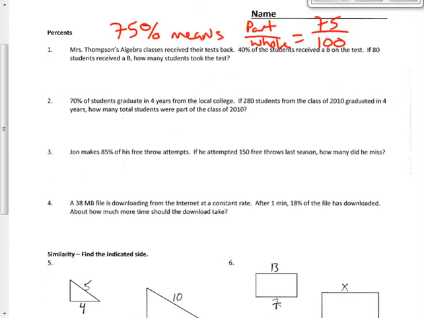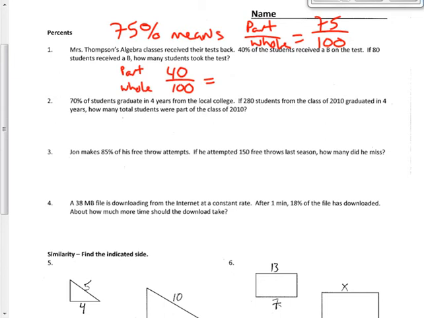Okay, and so when I do example one, Ms. Thompson's algebra class received their test backs. 40% of the students received a B. Okay, so 40% is 40 out of 100. If 80 students received a B, how many students took the test? So again, this is a part divided by the whole.